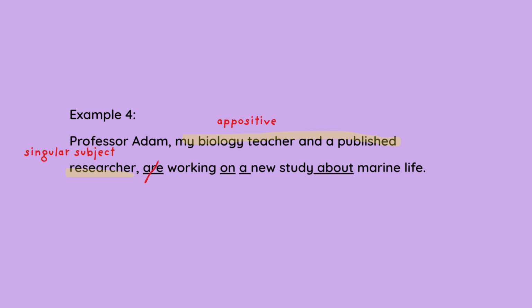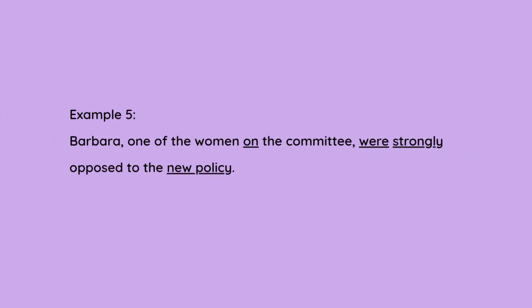That means the error here is are. The correct sentence should be, Professor Adam, my biology teacher and a published researcher, is working on a new study about marine life. So, when you see commas around a phrase like this, don't let it confuse you into thinking the subject is plural. Now try to solve this question.